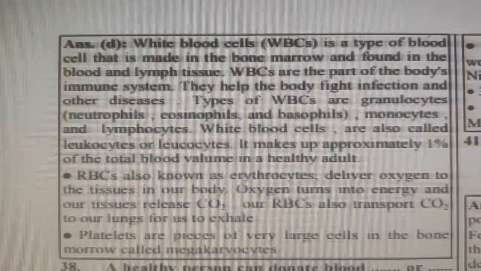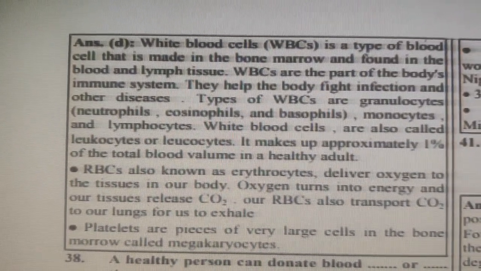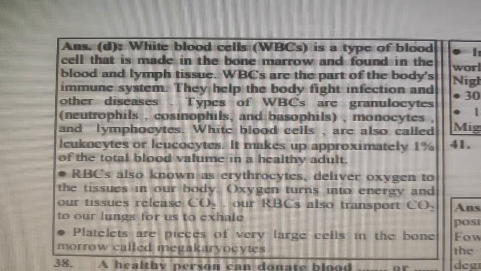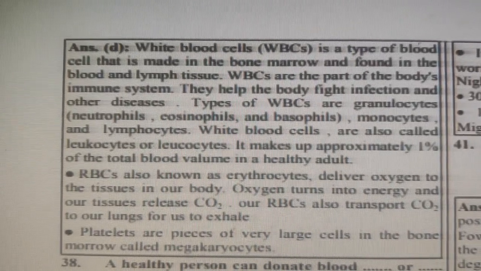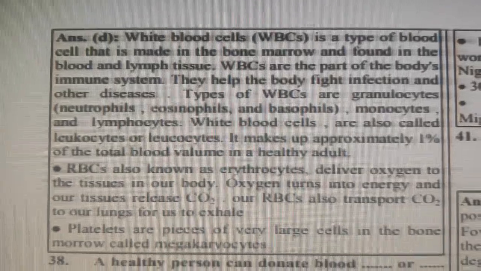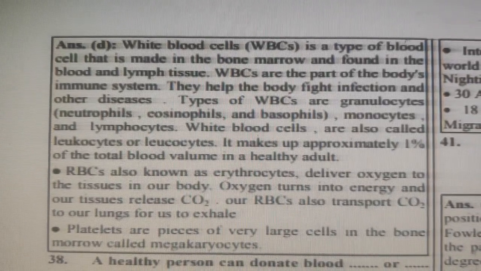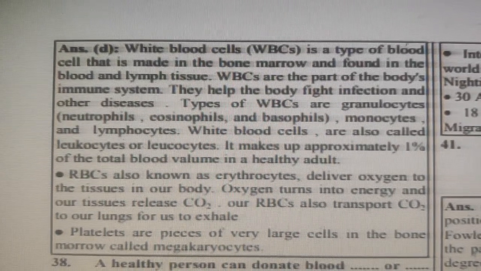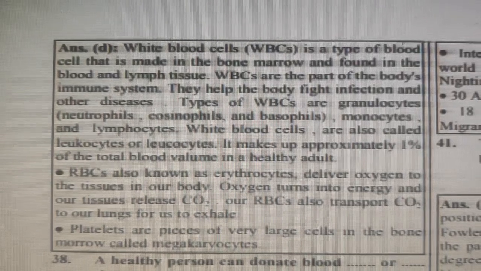White blood cell, WBC, is a type of blood cell that is made in the bone marrow and found in blood and lymph tissue. WBCs are part of the body's immune system. They help the body fight infection and other disease.